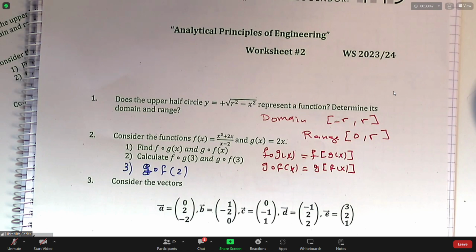Now the unit vector equals 1 over the magnitude of A times A. So this is the unit vector. And if you evaluate the norm of that one, you will have the reciprocal of the magnitude of A times the magnitude of A, which will give you 1.